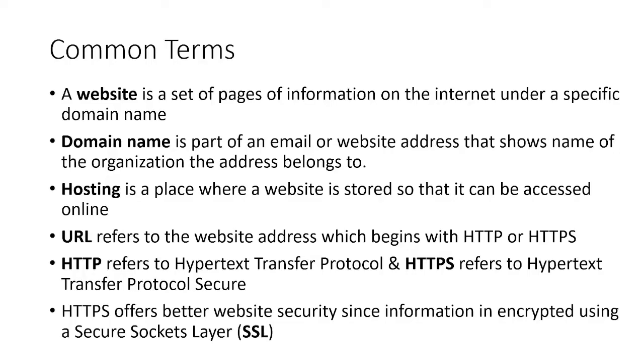Then next, we also have what we call a URL. This is a common term which confuses people a lot. You can confuse this with a domain name, but this is the whole website address. It basically starts with HTTP and then there's a colon and 2 slashes, or HTTPS.